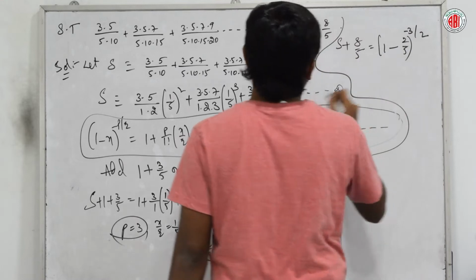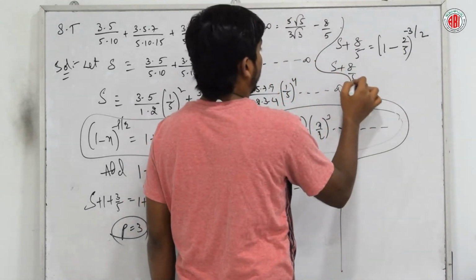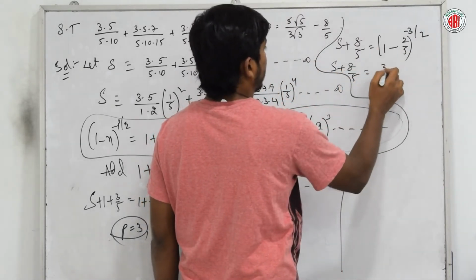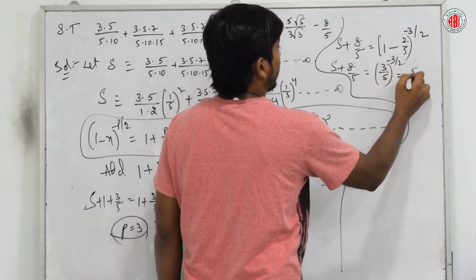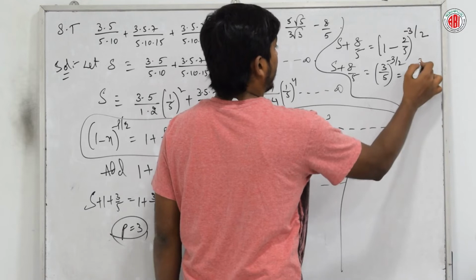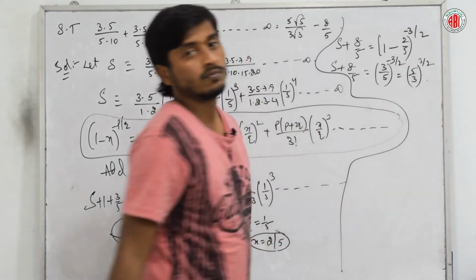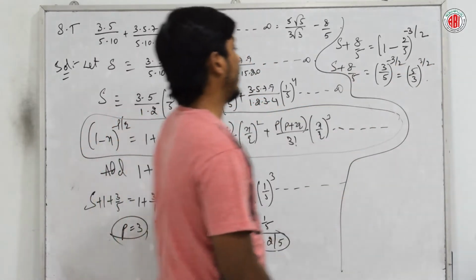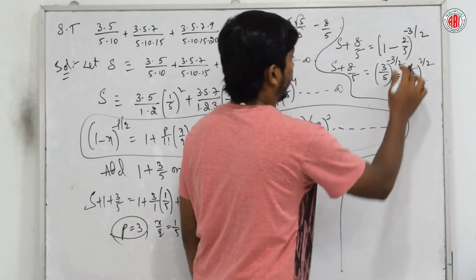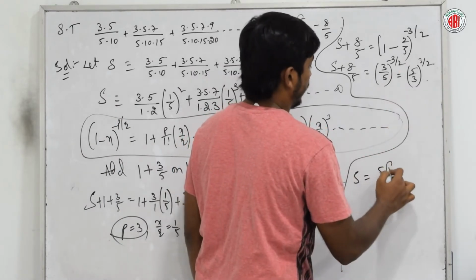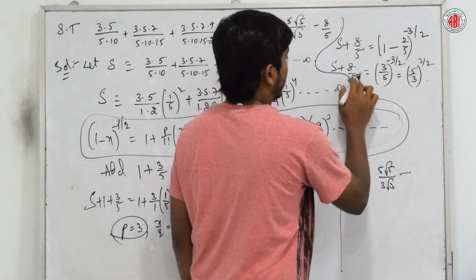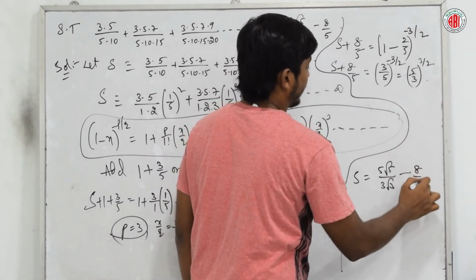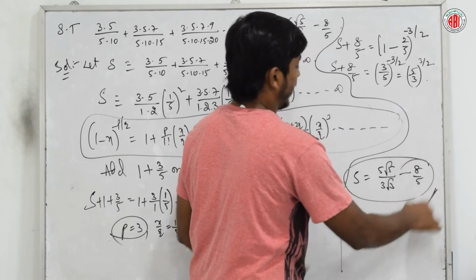What do we get? S plus 8 by 5 is equal to 5 minus 2 is 3 by 5 power minus 3 by 2, that is simply 5 by 3 power 3 by 2, right? So what do we get as the answer now? S is equal to 5 power 3 by 2, which is nothing but 5 root 5, and 3 power 3 by 2 is nothing but 3 root 3. This 8 by 5, if it comes this side, will be minus 8 by 5.